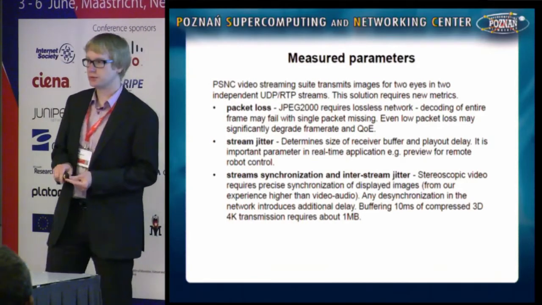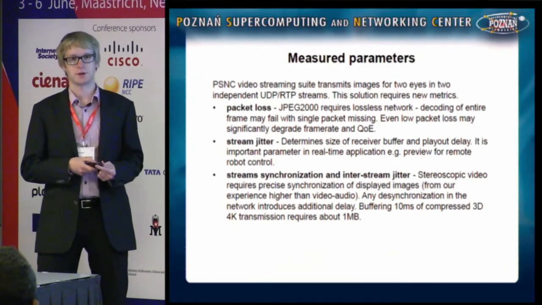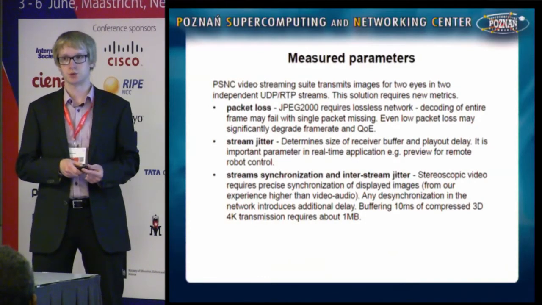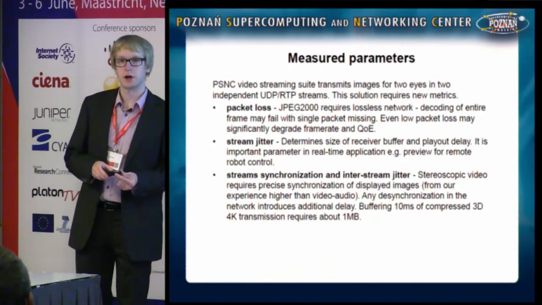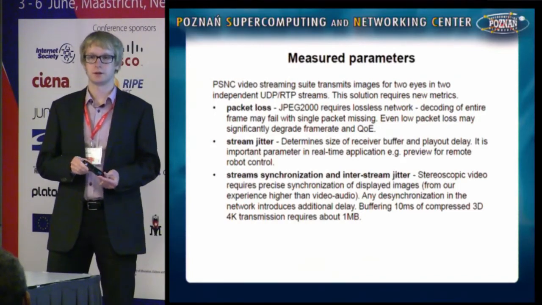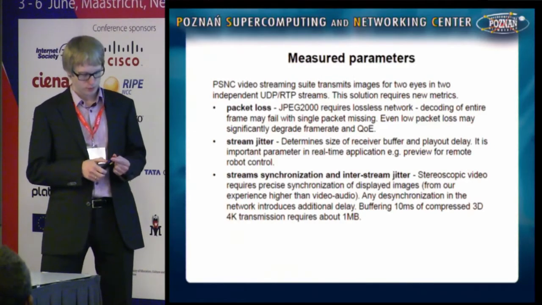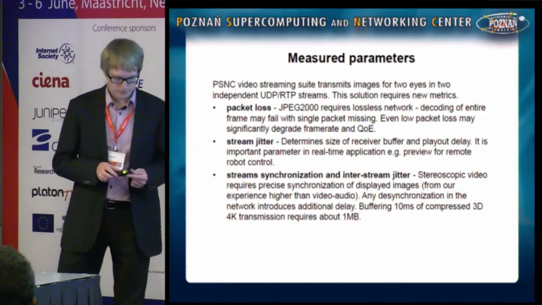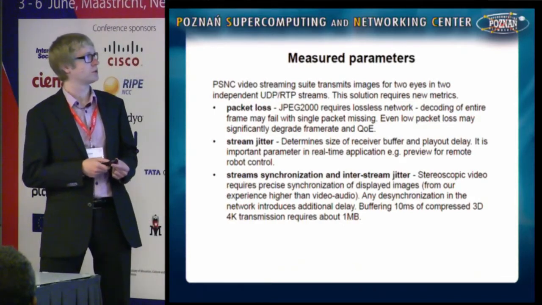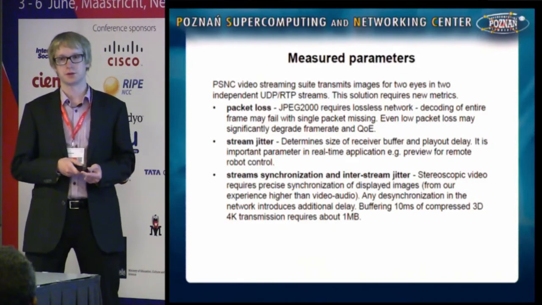In relation to the use cases that I mentioned, packet loss, of course, is directly responsible for image quality, and jitter and stream synchronization are directly responsible for delay, because to compensate for jitter errors and stream synchronization, you need bigger buffers.